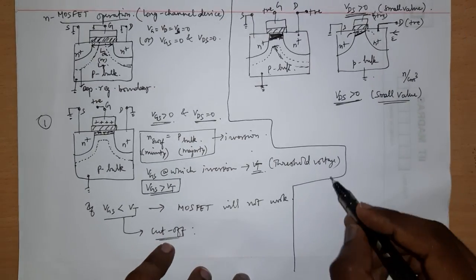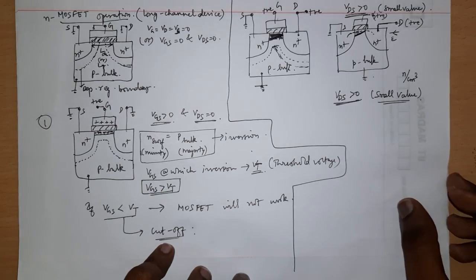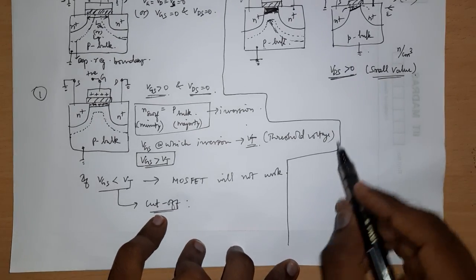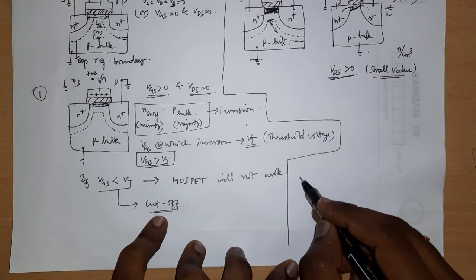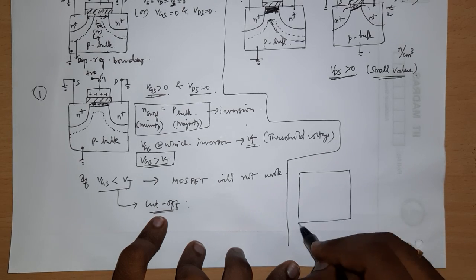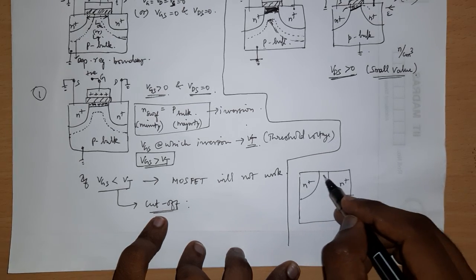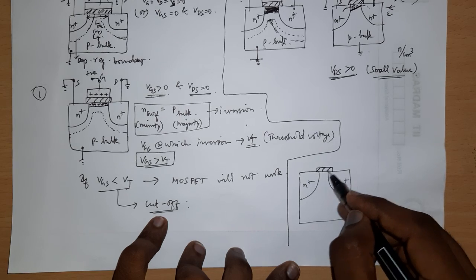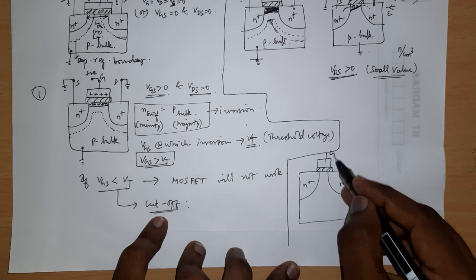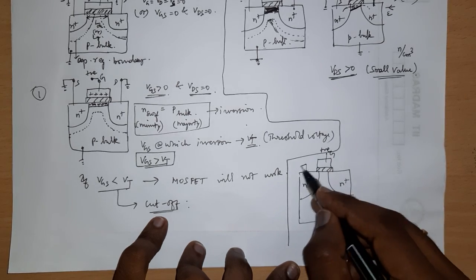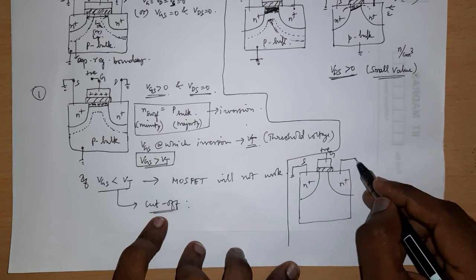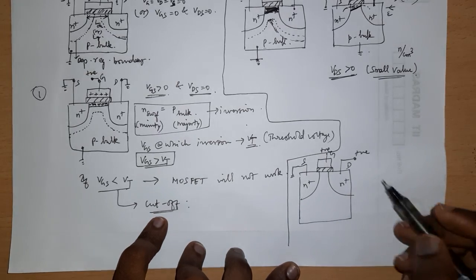Now the last case, let me draw it here. This is the gate, which is positive, source is grounded, and the drain again positive, let's say.